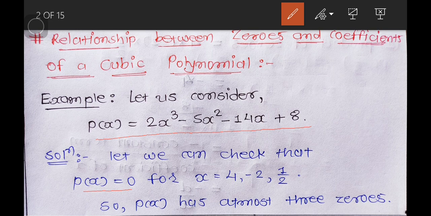So now we check that p of x is equal to 0 for the values of x equal to 4, minus 2 and half. Now we replace x by these values in p of x, and if we get p of x equal to 0, then we can say that the given values of x are zeros of the given polynomial. So p of x has at most 3 zeros, as we know.